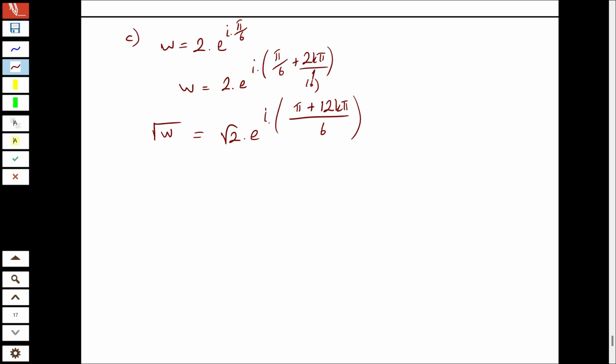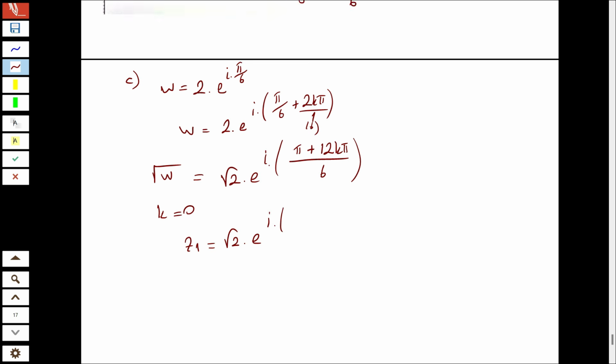So the roots come from here. If we let k equal 0, we will first find square root of 2 times e to the power of i times, let me check it, I didn't divide it by 2, right? Yeah. Now we're going to multiply it by 1 over 2.